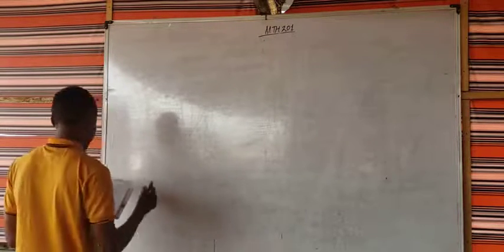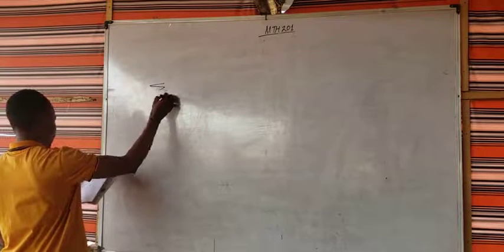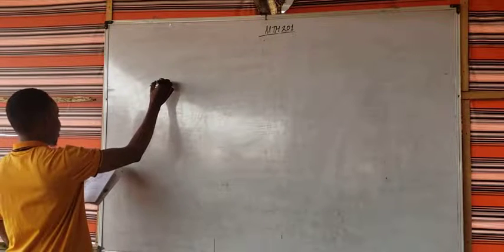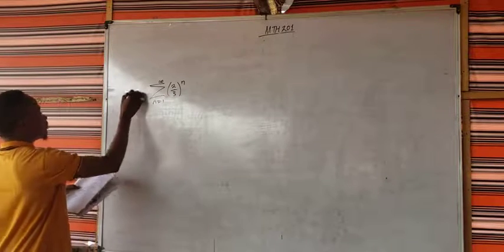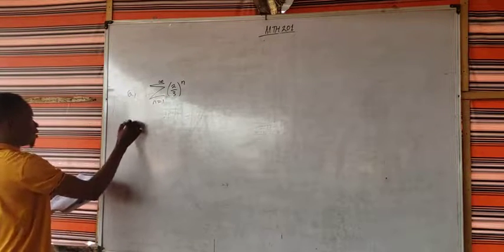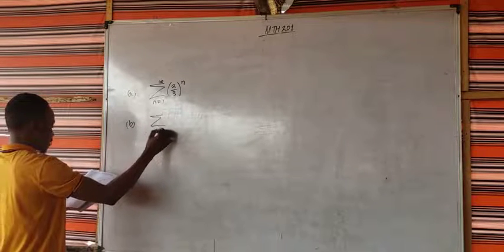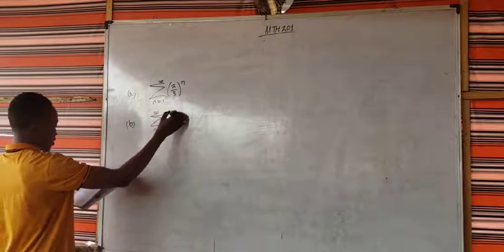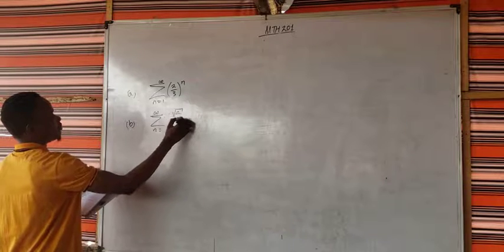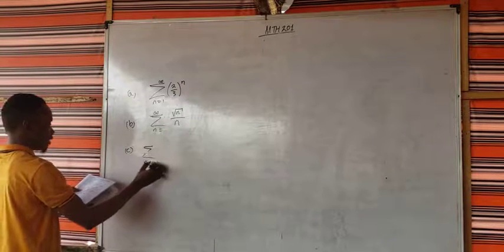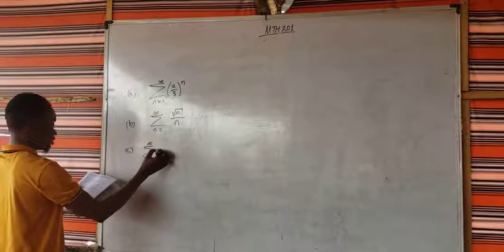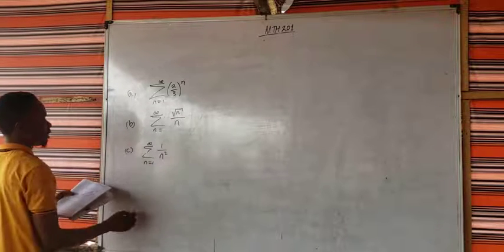So look at this. We are given: which of the following series diverges? A, the sum from n equals 1 to infinity of 2 over 3 to the power n. B, the sum from n equals 1 to infinity of root n over n. C, the sum from n equals 1 to infinity of 1 over n squared.